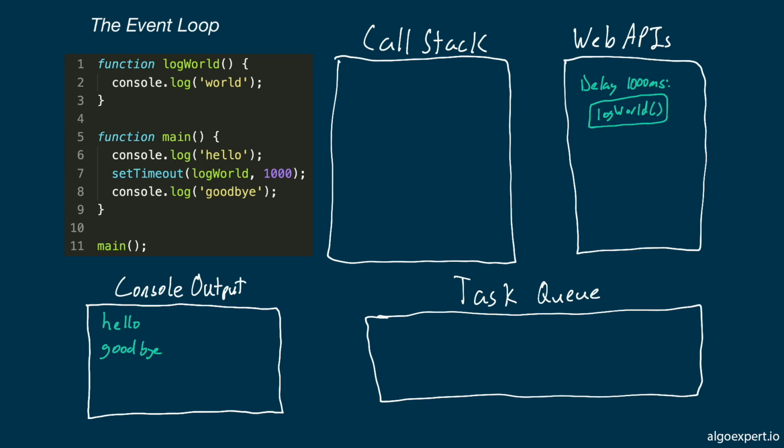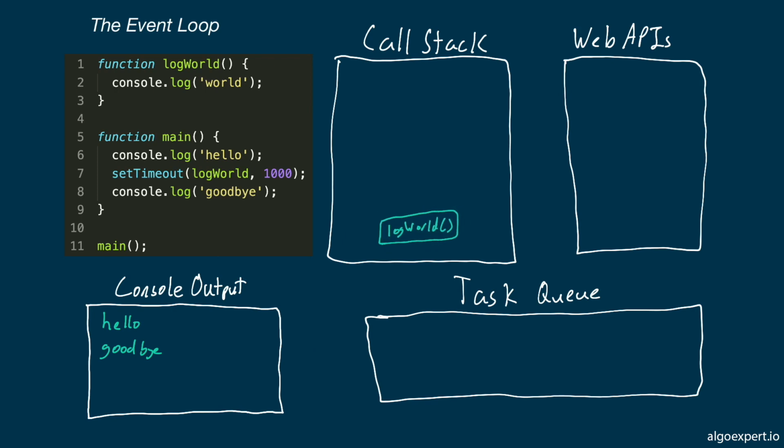However, once the second is completed, log world would be moved into the task queue. Once log world is in the task queue, it will wait for the call stack to be empty, which in this case it already is, so it gets moved onto the call stack, and log world is called.